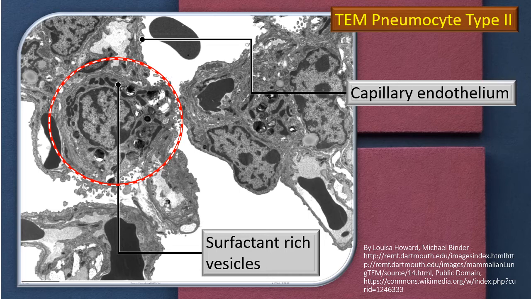You can also notice that the cytoplasm is rich in secretory granules, which in this particular case are called lamellar bodies.